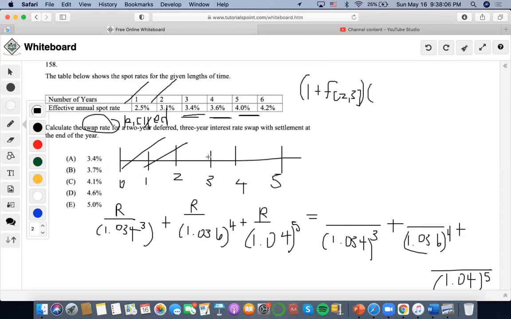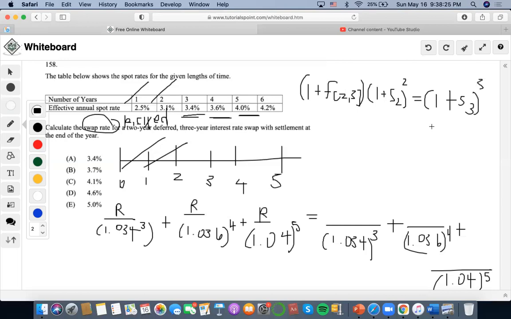Then times this based on a spot rate at time S2, and within the whole framework current year, we would set it all equal to 1 plus S to the 3.